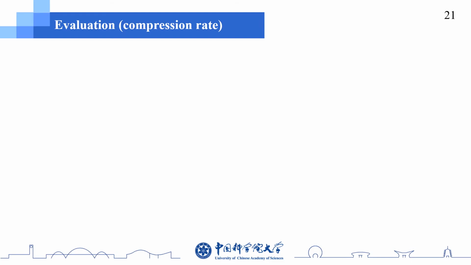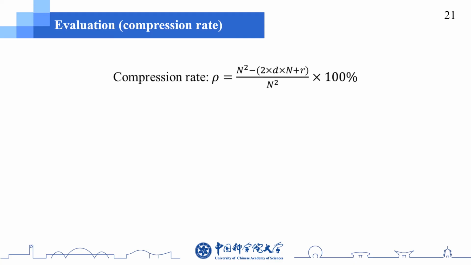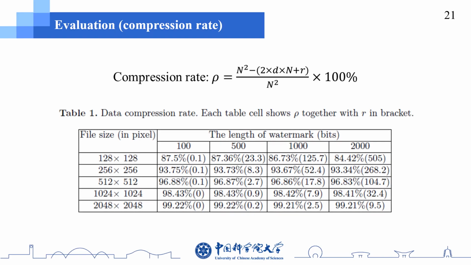To evaluate the effectiveness of our compression approach, we define a compression rate rule here. The experimental results are recorded in table 1. From the table, we can observe that the compression approach can save at least 84.4% bandwidth compared to transmitting the original file entirely.